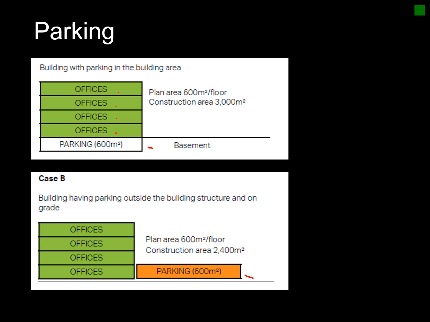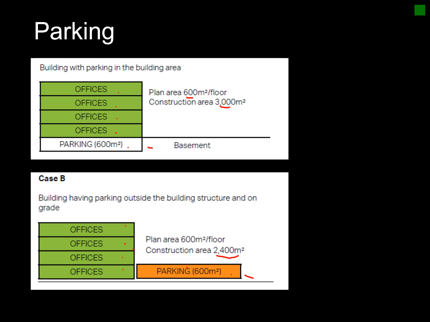Your offices are 600 square meters, and for this building it's exactly the same, but your parking is now outside. Same area of parking that you use. So you've got 2,400 square meters of building, and you've got 3,000 square meters worth of building.